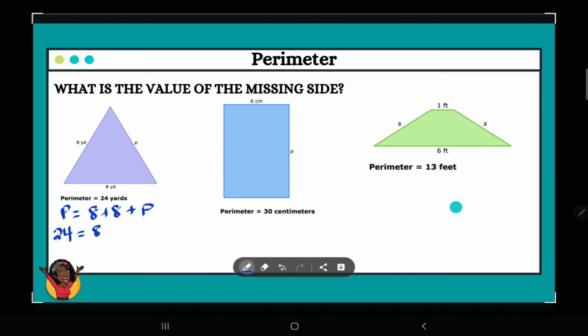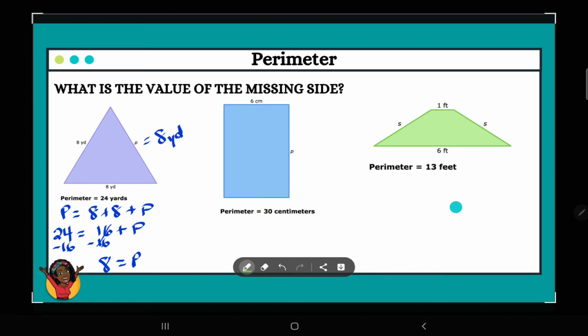And then I can combine my 8 plus 8 to 16 plus P. Now I can do inverse operations and subtract 16 on both sides. Or I can ask myself what number plus 16 will give me 24. So if I subtract 16 on both sides, I find that P, the measurement of the missing side, is equal to 8. So this side is equal to 8 yards.